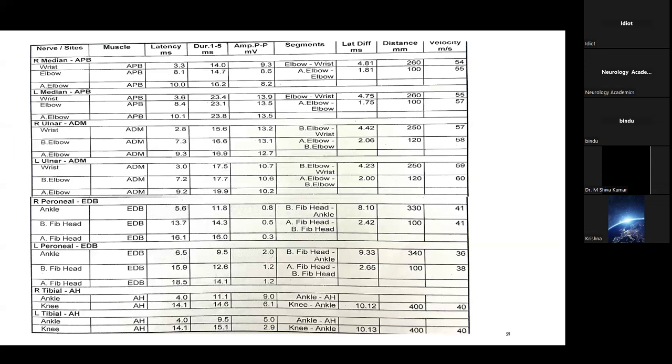Peroneal is not asymmetrically reduced. It is more important also to see the process.